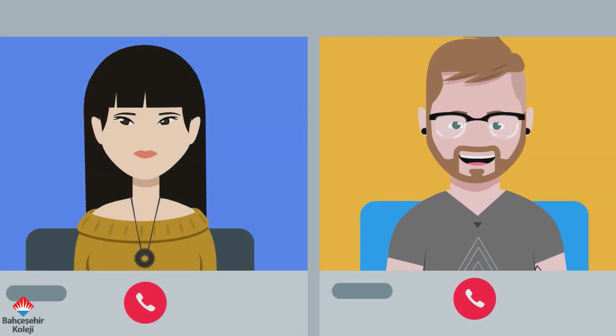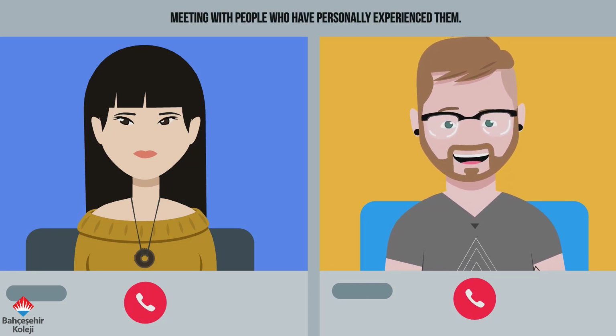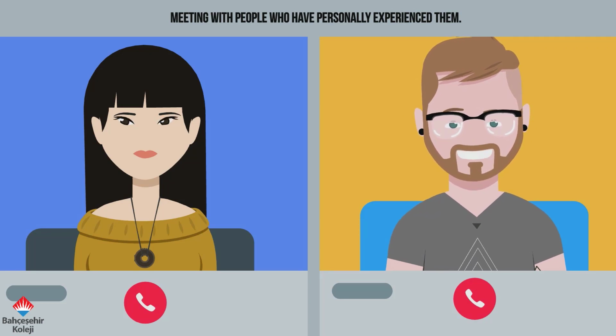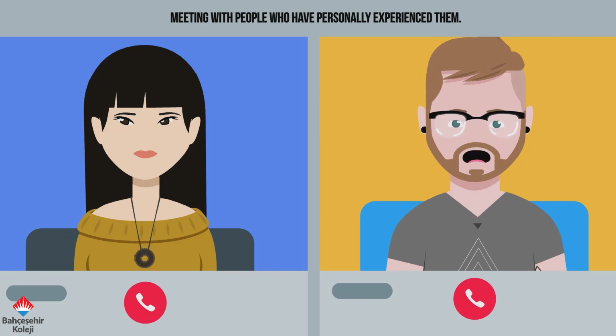Educators should have in-depth information about the problem by meeting with people who have personally experienced them. It is important to collect as much data as possible in this process. For this, it is important to observe the people at the center of the problem and to ask questions to answer them better.